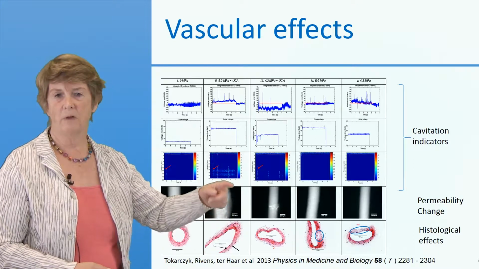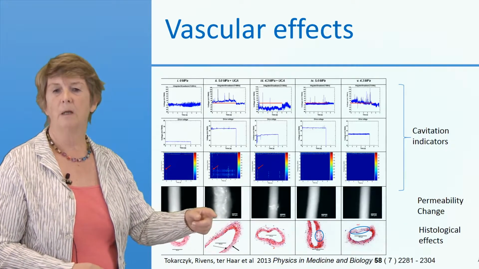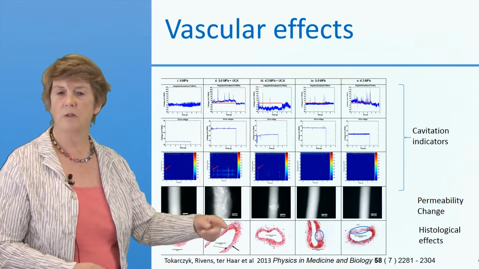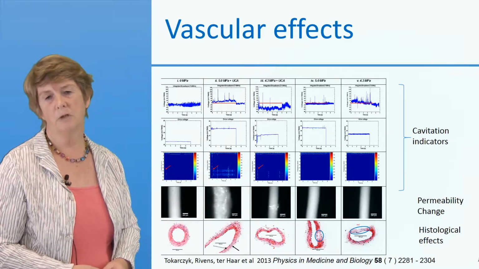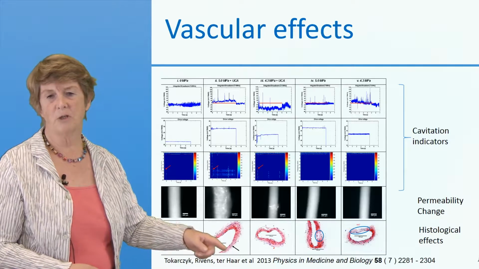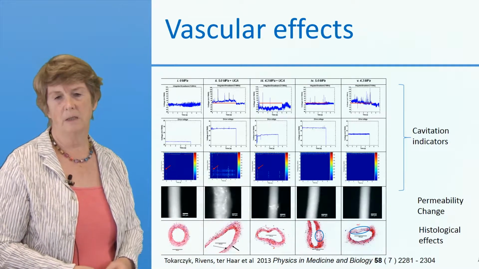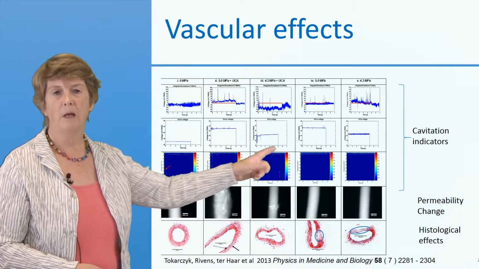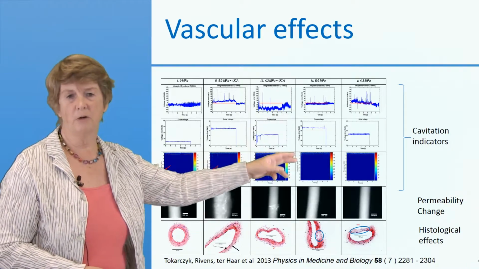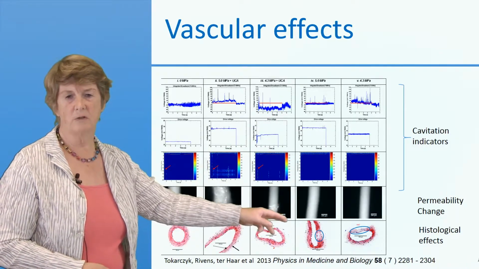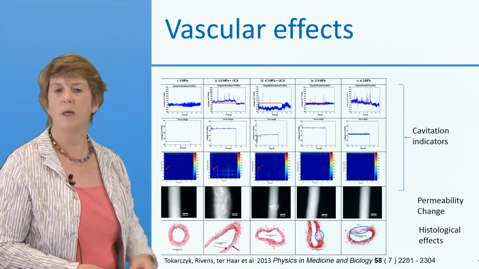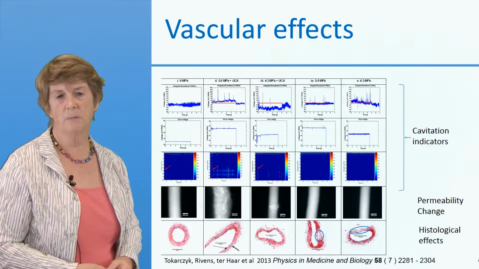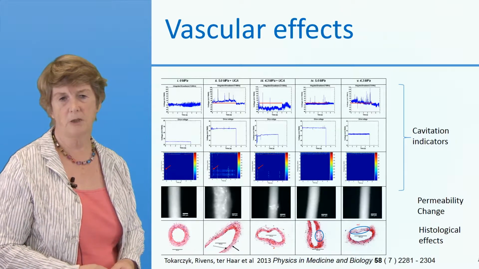So in this case we have a lot of dextran coming through the vessel wall, and here you see a bit less at the lower acoustic pressure. You can also see damage to the endothelium under histology. In the last two columns we have no ultrasound contrast agents. You can see vessel damage due to the ultrasound exposure on histology, but we're not seeing that enhanced permeability change.